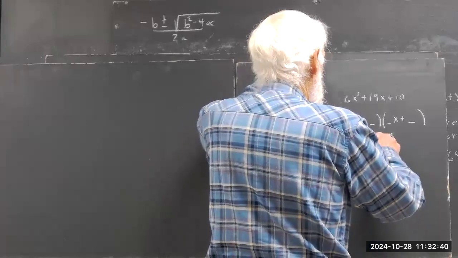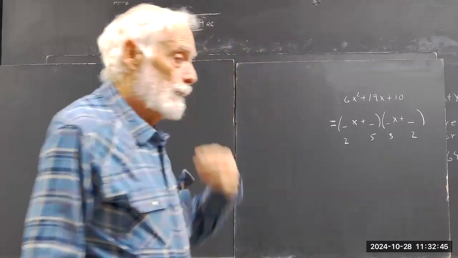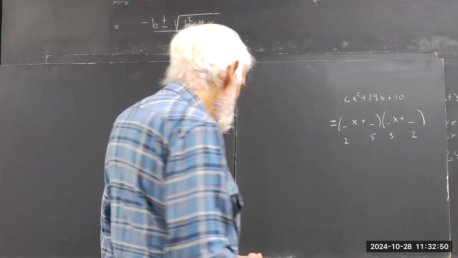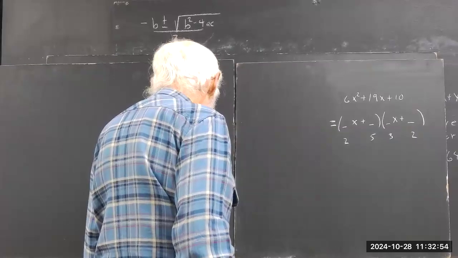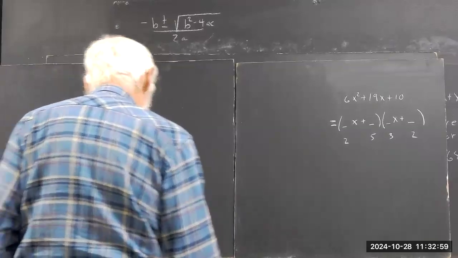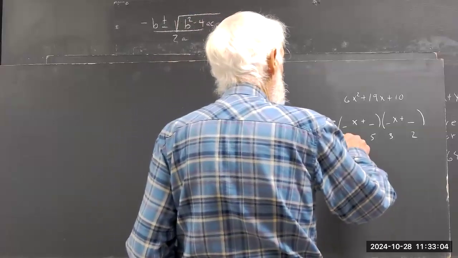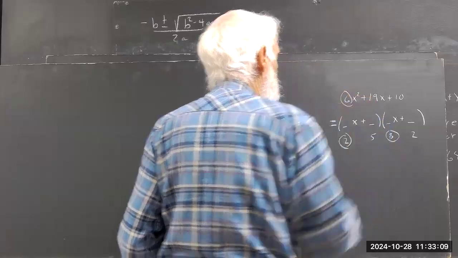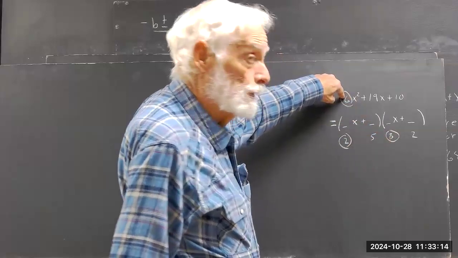So if 5 is one of the numbers, then 2 is the other. The 2 and the 3 give us the 6, because 2x times 3x gives us 6x squared.